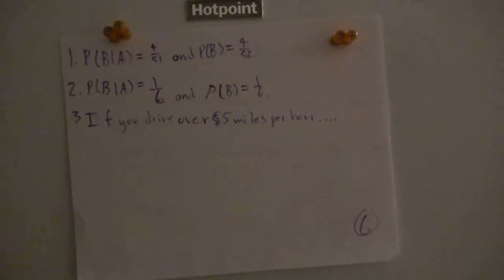The occurrence of A does not change the probability of the occurrence of B, so the events are independent. If you drive over 85 miles per hour, the chances of getting in a car accident are greatly increased, so these events are dependent.